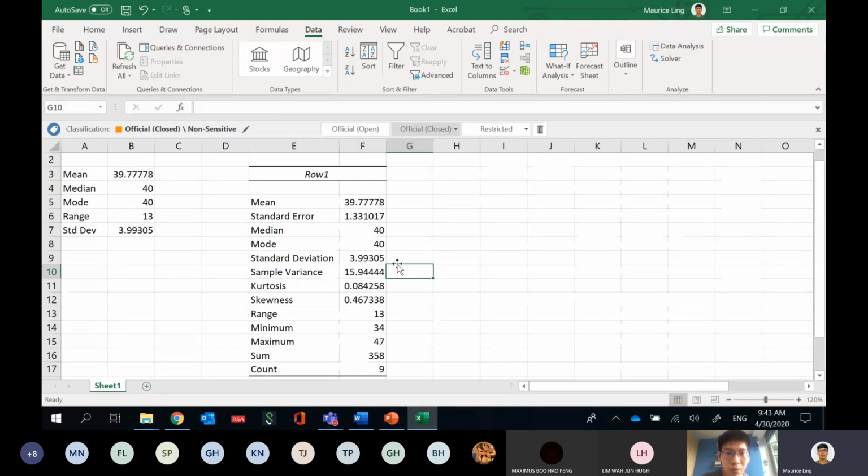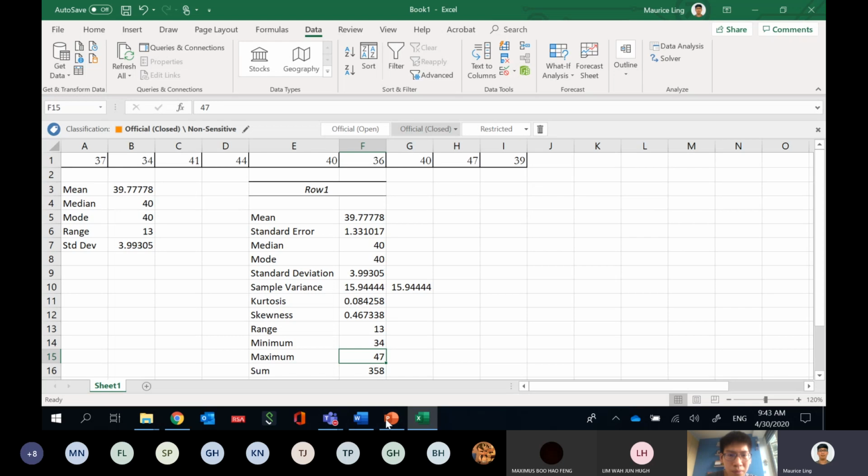So you take 3.99 multiplied by 3.99, you get variance. Kurtosis, skew, you do not have to bother about. The range, minimum, maximum, the count, and so on. Okay, so there are two ways of doing it. It's up to you.